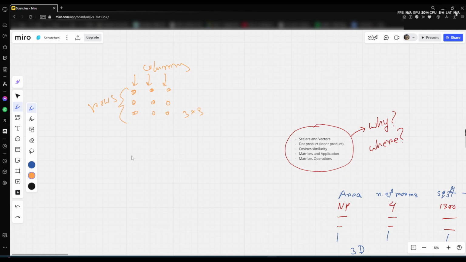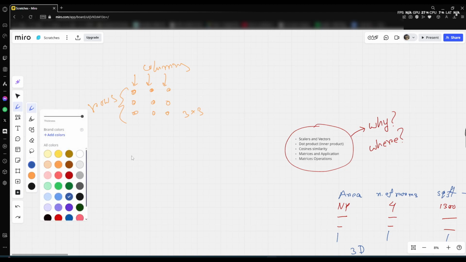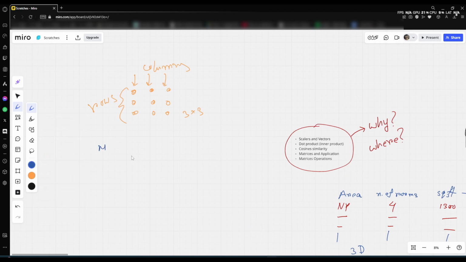I will again show an example. Just a student's different marks: math score, then we have physics, and then we have biology.